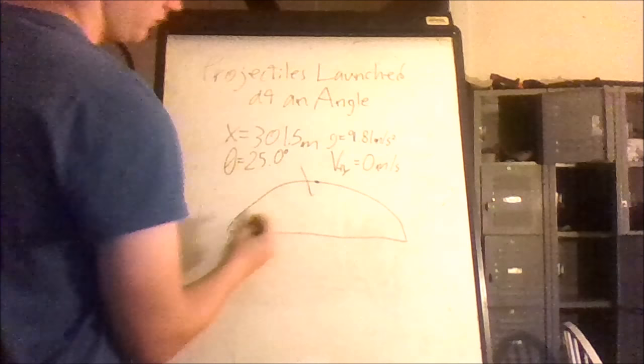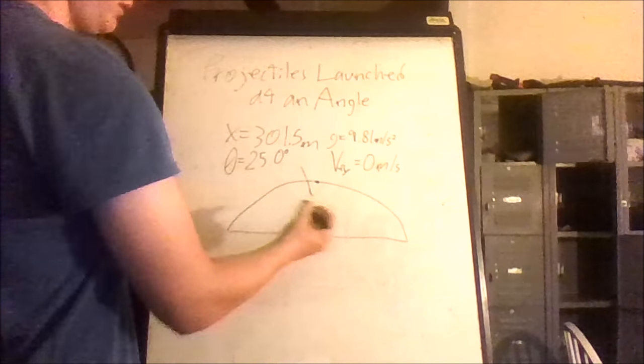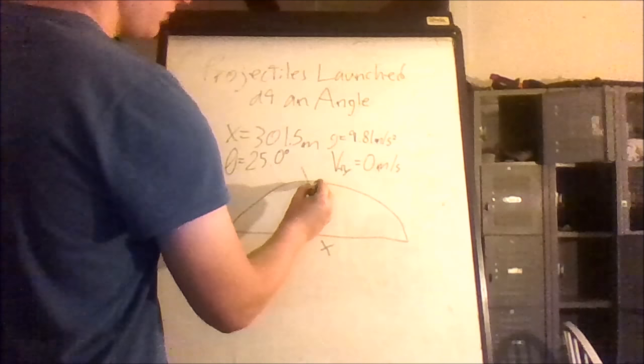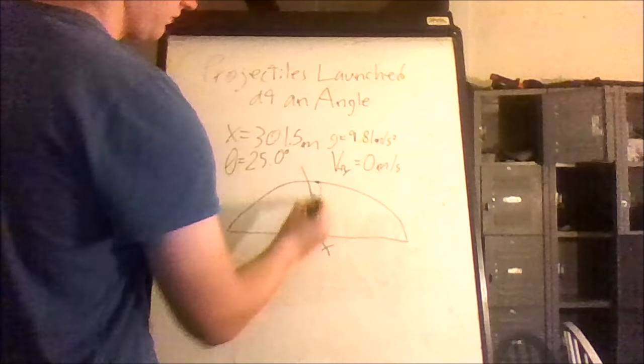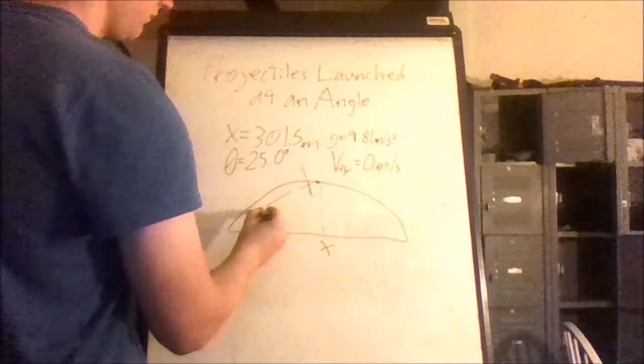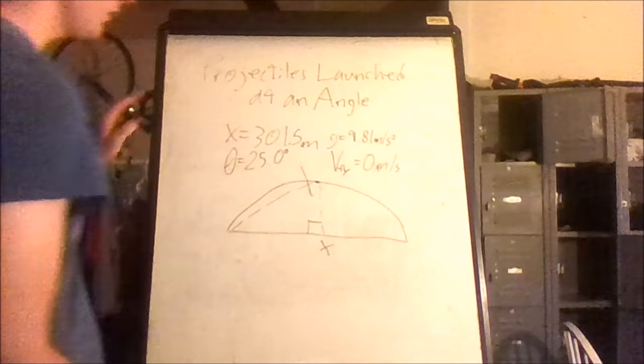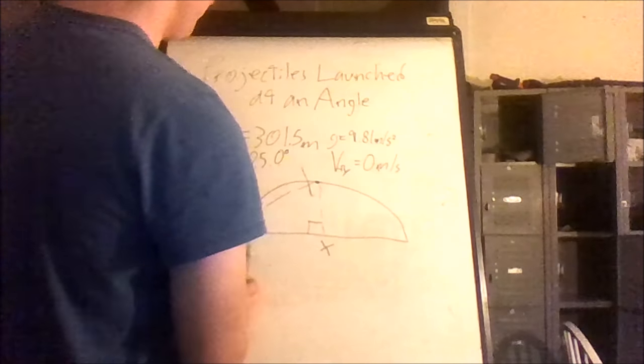So we have a curve here, but if we have this, which we do, we can turn this into a triangle right here. So we know the x here.